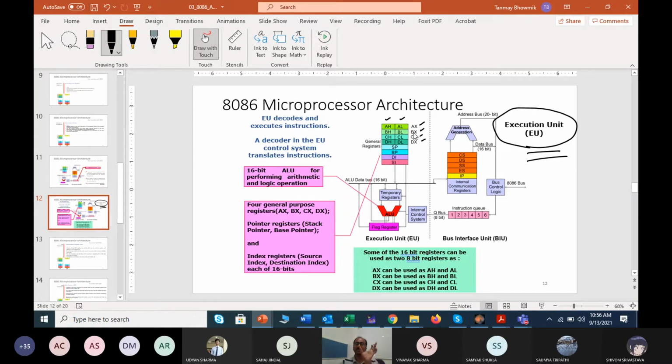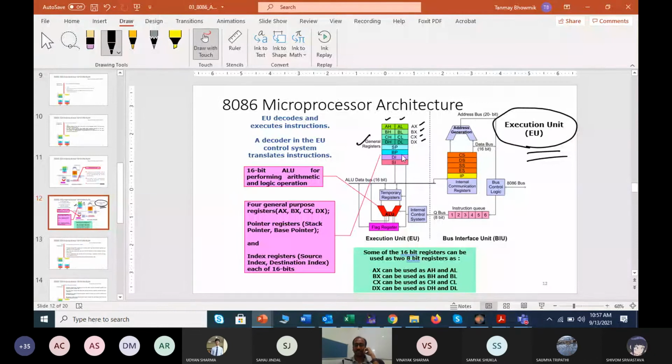That means if you are using the 16-bit accumulator register AX, it will be divided into the 8-bit higher bits and the 8-bit lower bits. The same applies to the base register: it is also divided into higher bits and lower bits. The same thing is repeated for every general purpose register. Then there are the source pointer, base pointer, stack pointer, destination index and source index.